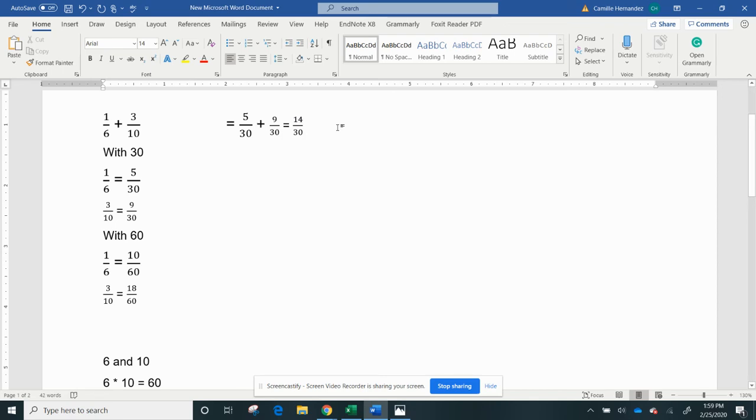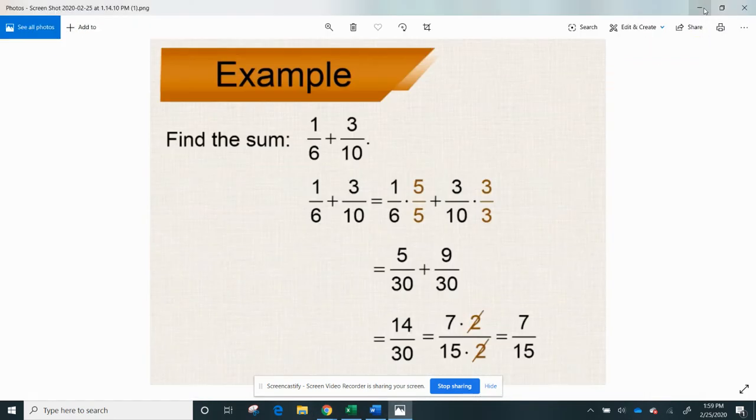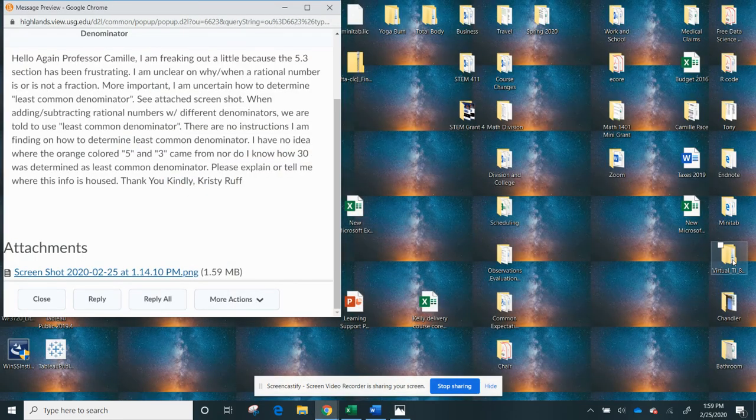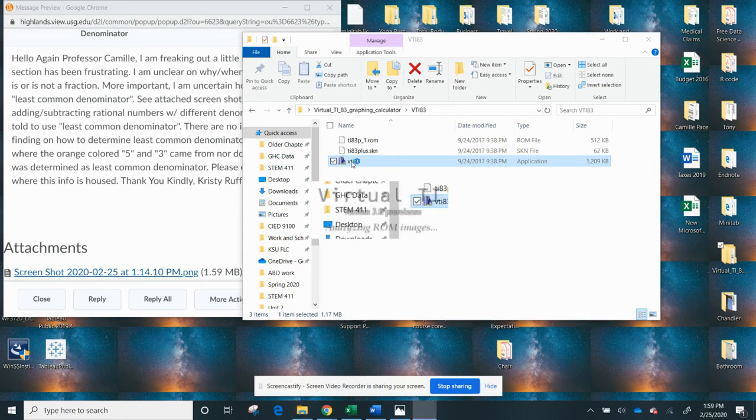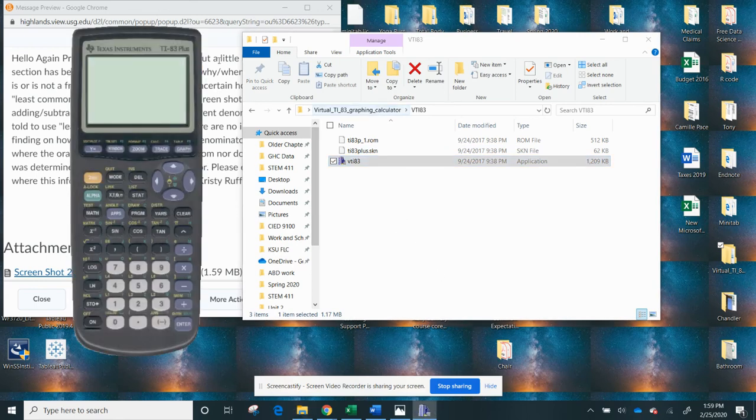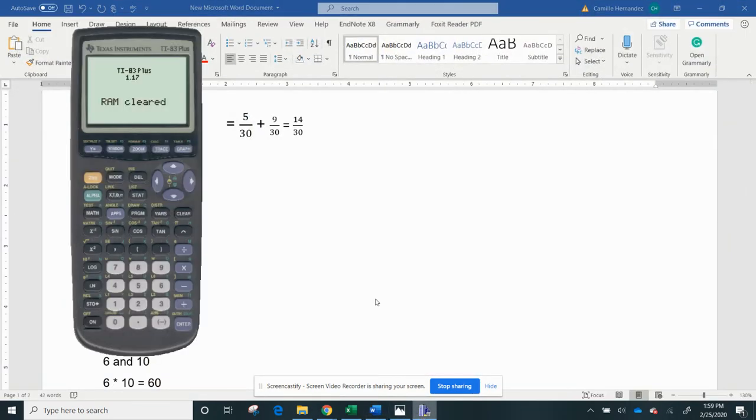So I'm going to show you the coolest trick if you have the calculator. Okay, let me open my calculator just a second. Sorry about that, but I want to show you something really cool with the calculator. Okay, let me bring this back over to my form.